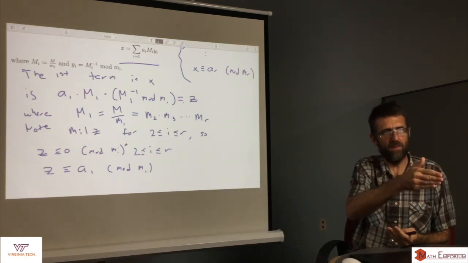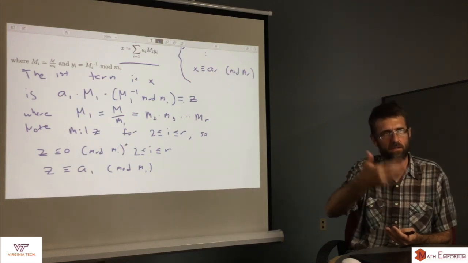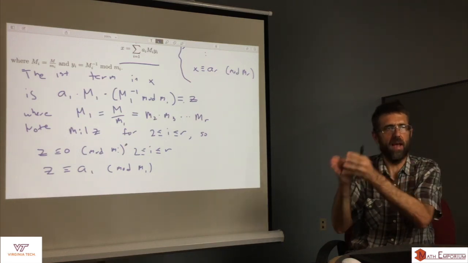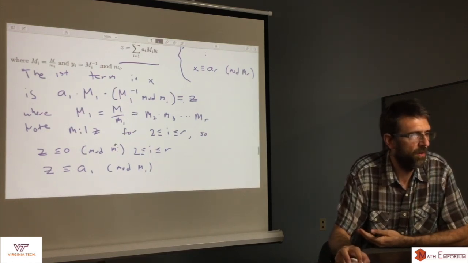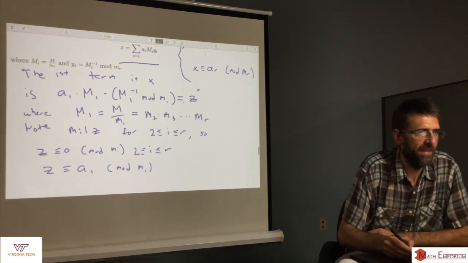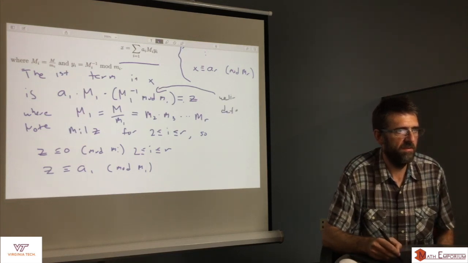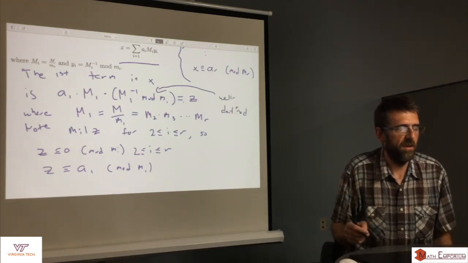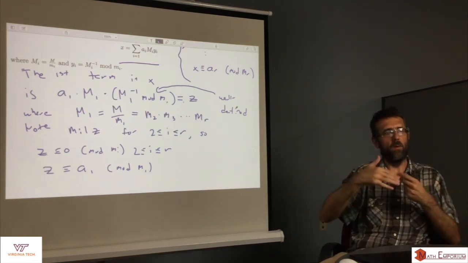affecting the other congruences at all. That's what happens for the first congruence, but then you've got r terms, and each subsequent term is taking care of exactly one subsequent congruence. The key that makes this whole thing work is that this inverse is actually well-defined. The reason it's well-defined is our assumption that all of the moduli are pairwise coprime.